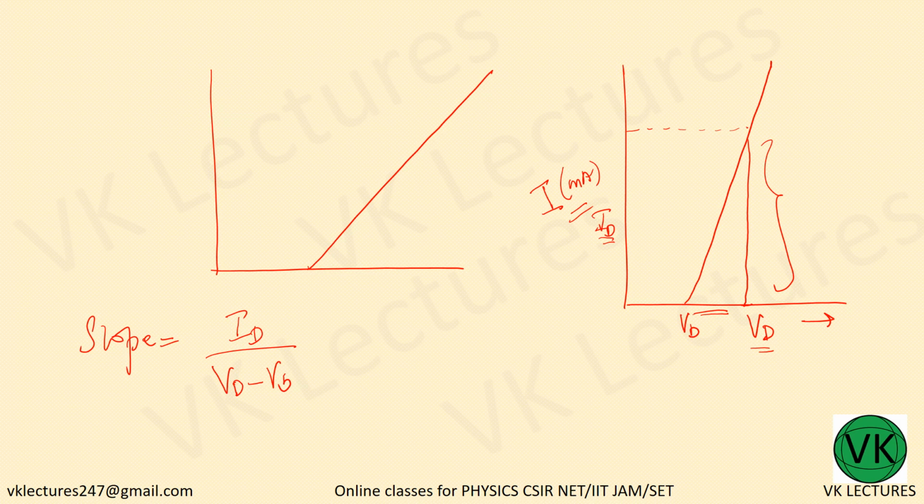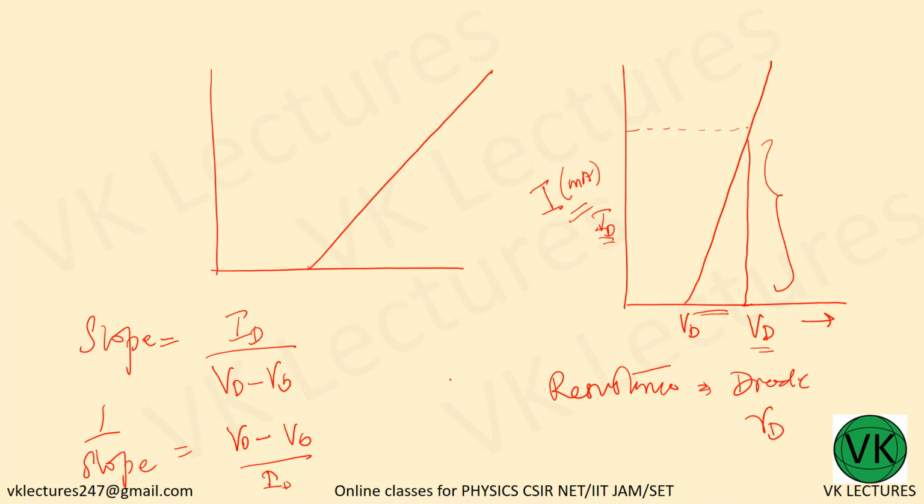I by V. But what is the inverse of the slope? 1 by slope is nothing but (VD minus VB) divided by ID. The inverse of the slope is giving you resistance, the resistance in the diode. That is RD or RF, the forward resistance of the diode.